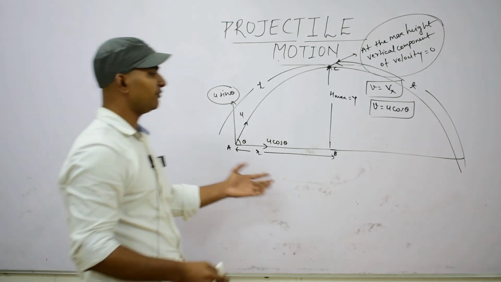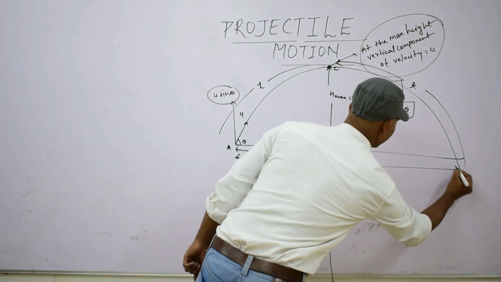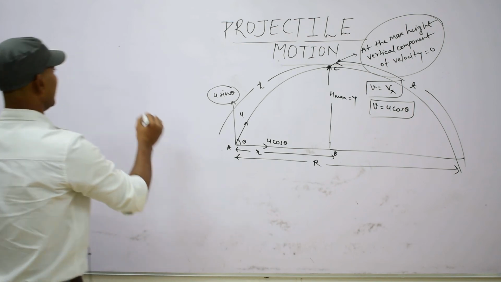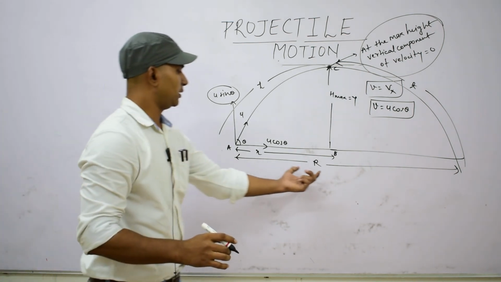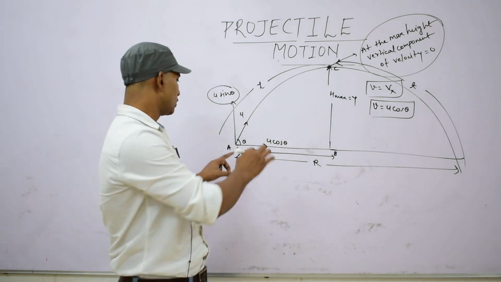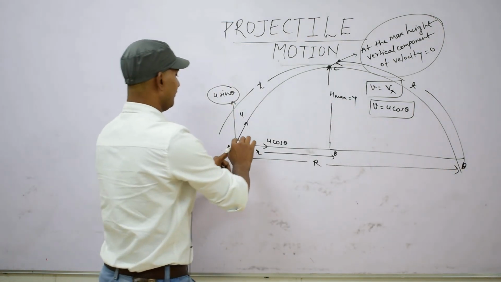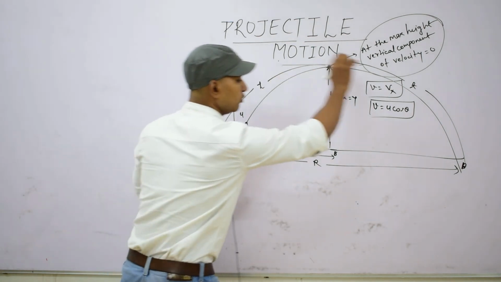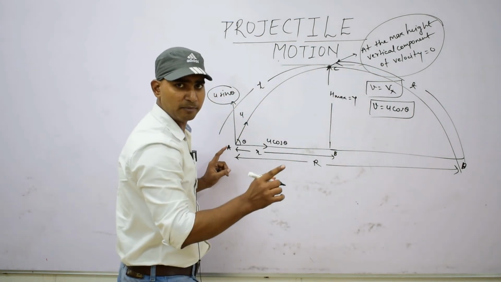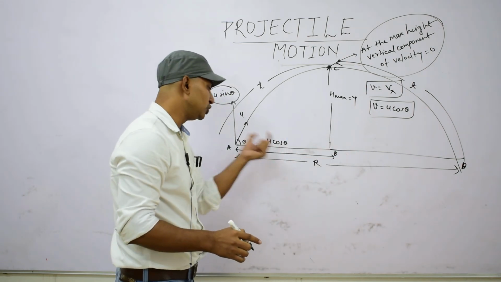Now let's suppose we need to find the range. If I need to find the value of range, means distance, and distance is equal to velocity into time. The total time from this point A to B will be equal to the flight time, and the velocity in the horizontal direction is u cos theta.